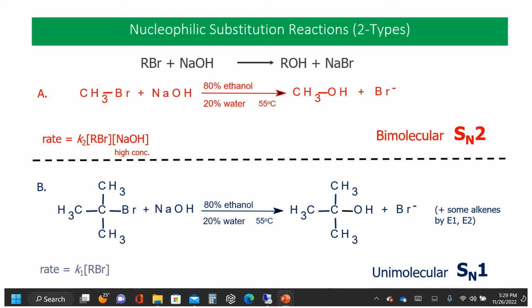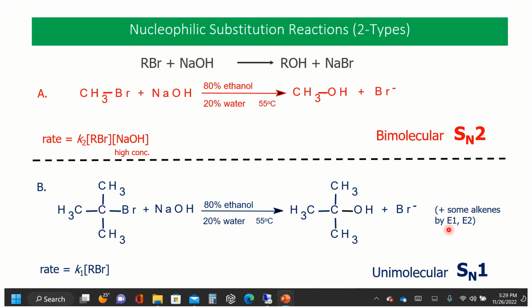Note that the rate in this case is only dependent on the alkyl halide. So as we increase the concentration of the nucleophile, there will be no change in the rate of the reaction. But if we increase the concentration of the alkyl halide, then you can see there will be an increase in the rate of the reaction.